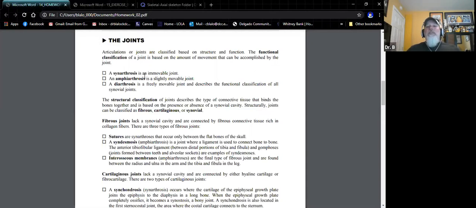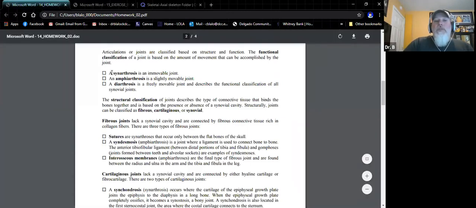We're going to use dense, irregular connective tissue to help connect these bones together. And because there is no space really between the bones, and we're using a dense, irregular connective tissue to attach them, there is going to be very little to no mobility between these joints. So for the most part, your fibrous joints are your synarthritic joints.